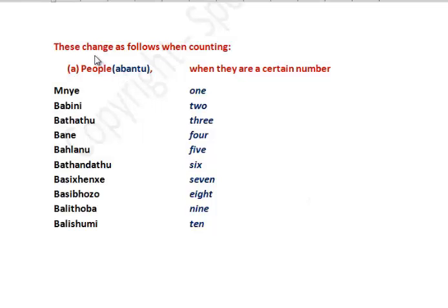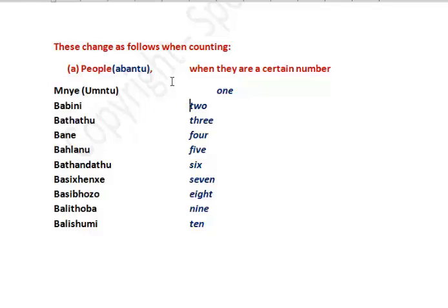So these numerical stems then change as follows when counting people, abantu, or any word beginning with aba. For one, mnye, because one person is an umntu. Umntu is one person.